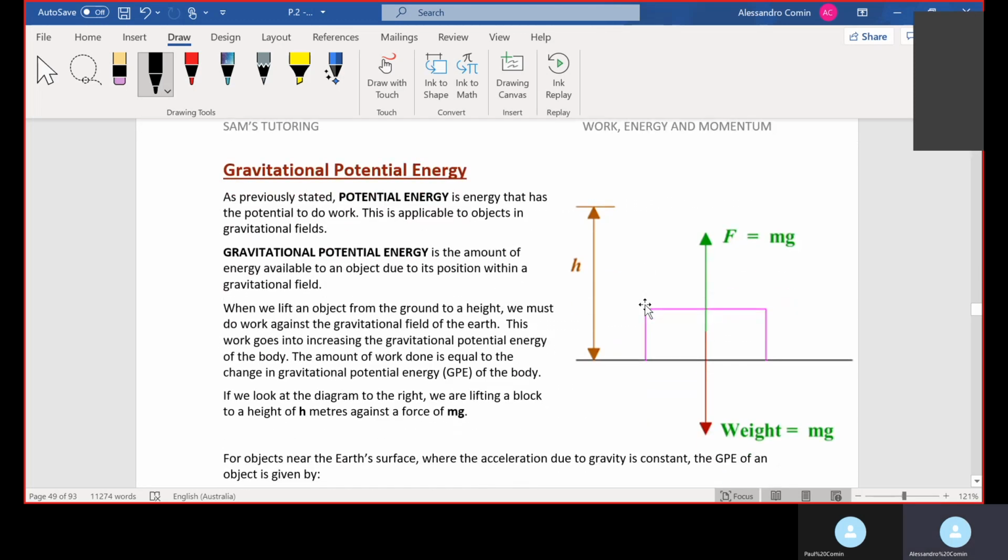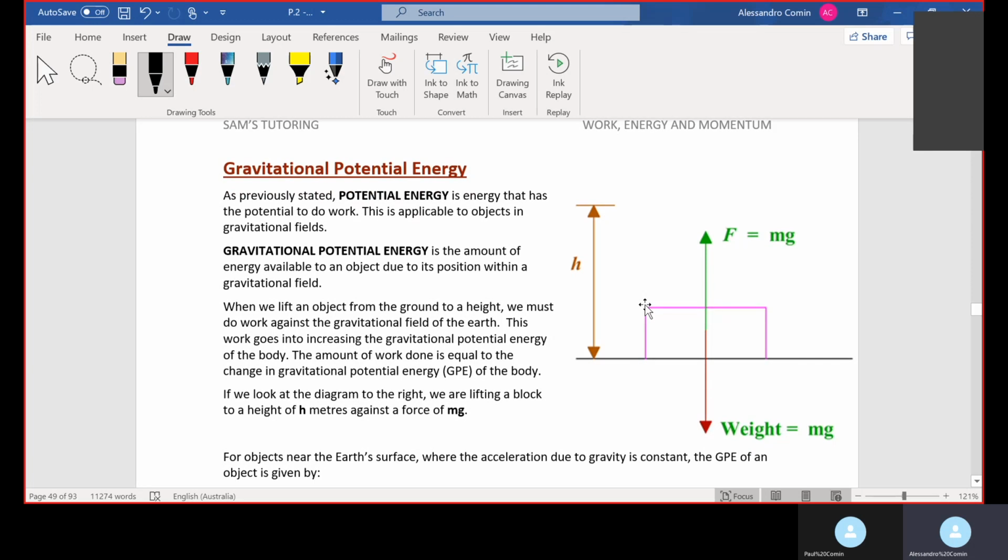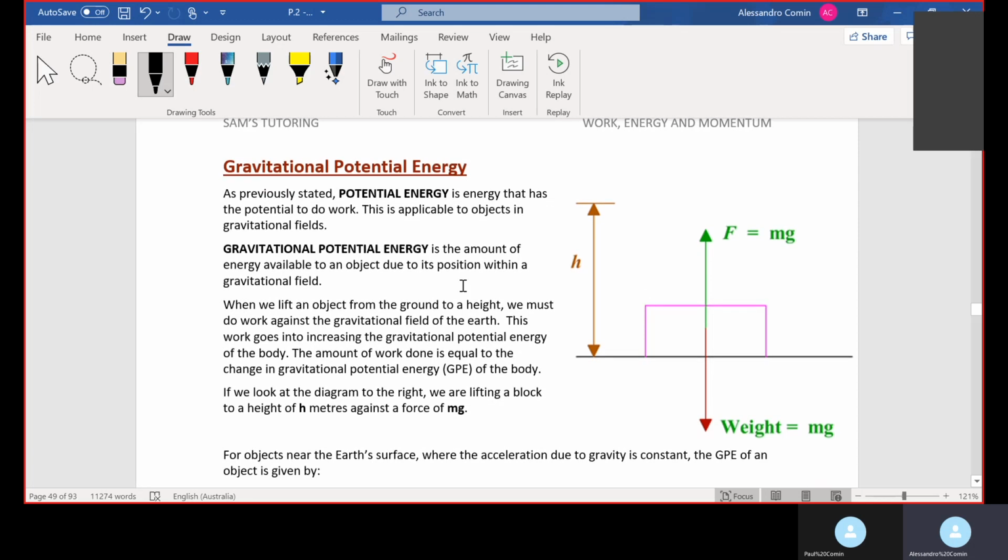Okay, gravitational potential energy. The primary potential energy that we look at within this module is gravitational potential energy. And what is it? It's the amount of energy available to an object due to its position within a gravitational field. Very similarly to how work was equal to a change in kinetic energy, work can be equal to a change in gravitational potential energy.